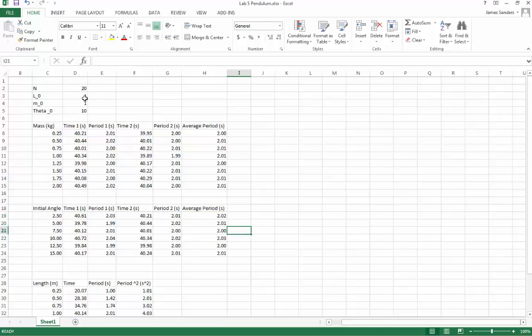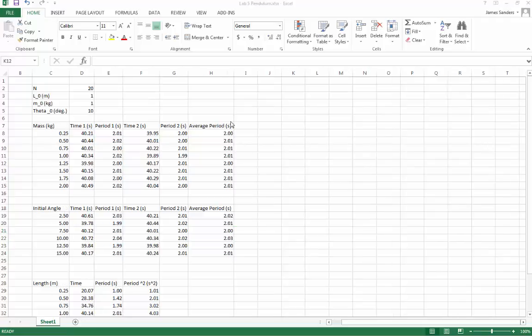These are under these conditions. The length, unless otherwise specified, is 1 meter. The mass, unless otherwise specified, is a kilogram. The angle, unless otherwise specified, is 10 degrees. So if you were to plot these, in both cases you would get a horizontal line if you put this on the x-axis and this on the y-axis.